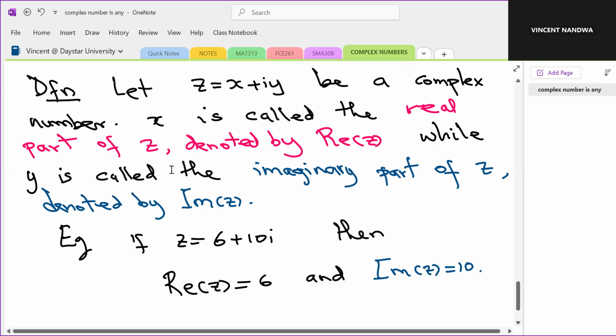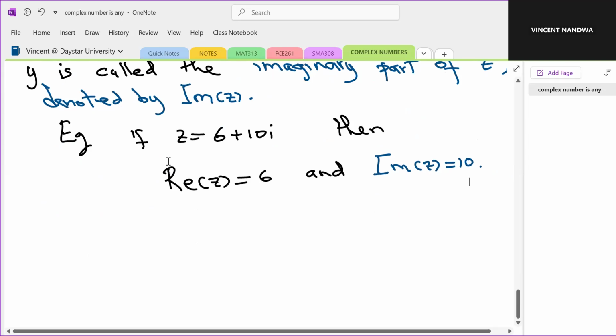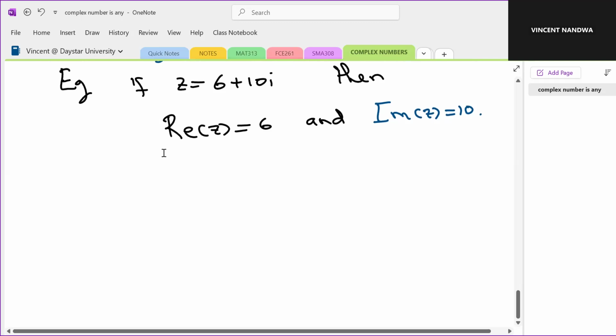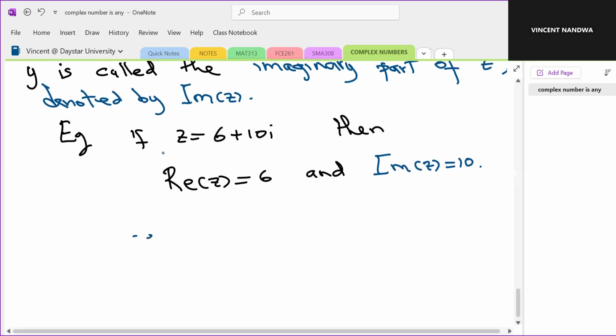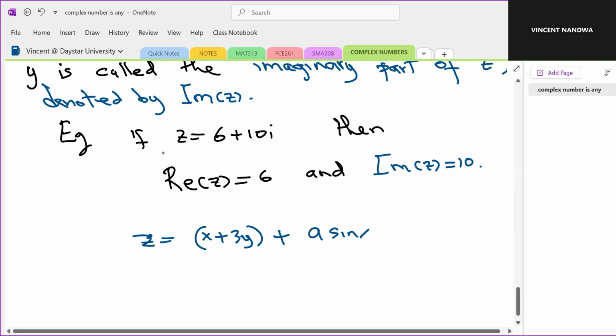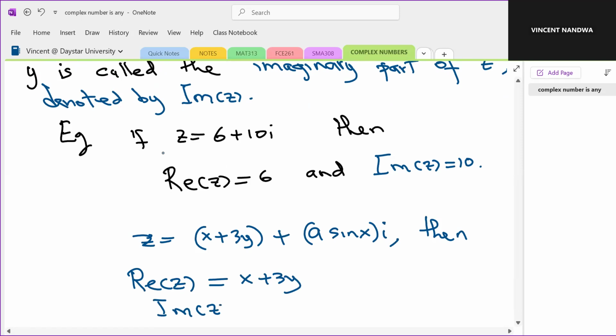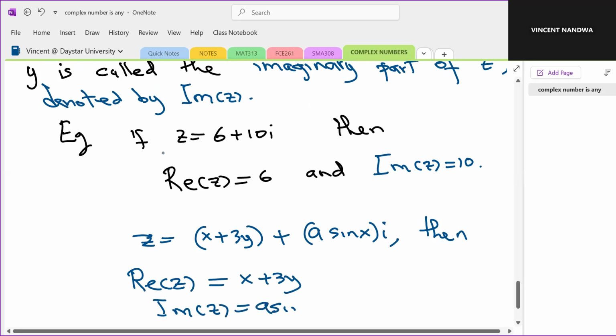And if we have, for example, another number z equals x plus 3y plus a sine x i, then the real part of z will be given by x plus 3y, while the imaginary part of z will be given by a sine x.